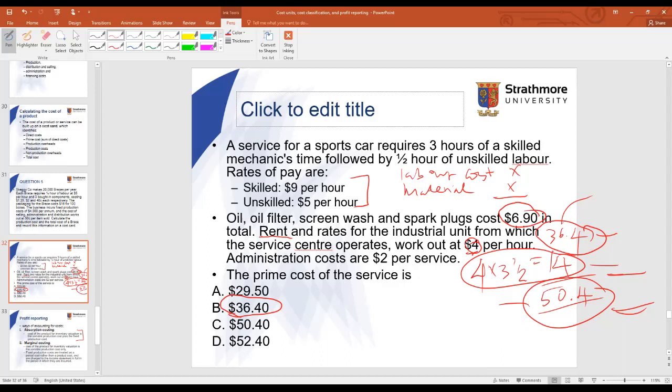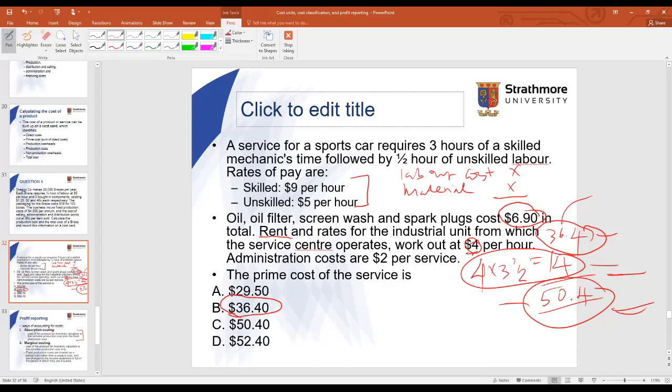Is it safe to say that marginal costs are like the direct costs? Yes, we can say the sum total of the direct costs is equivalent to the marginal cost of the product. Yes, it is. Clear? Okay, great.